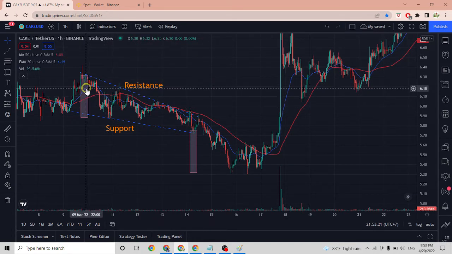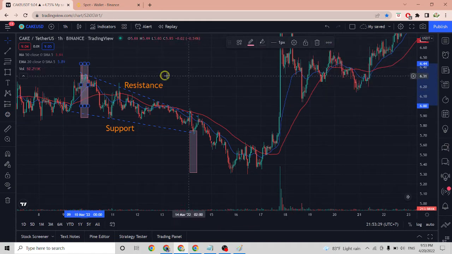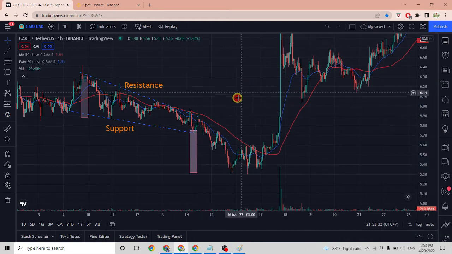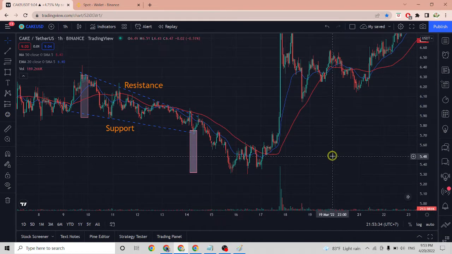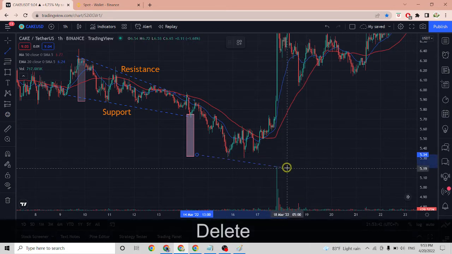So you draw this rectangle and clone this rectangle to this point, and then you know where to buy, the price where to buy.